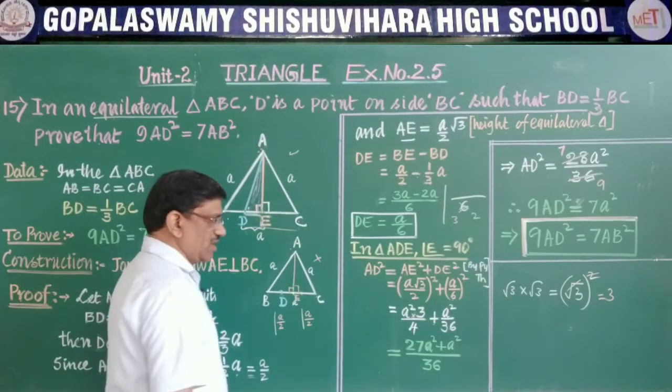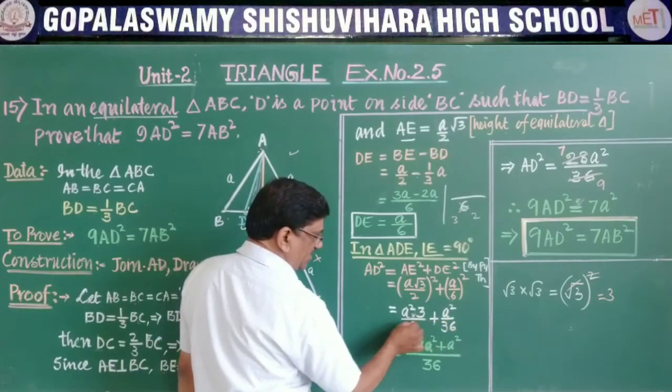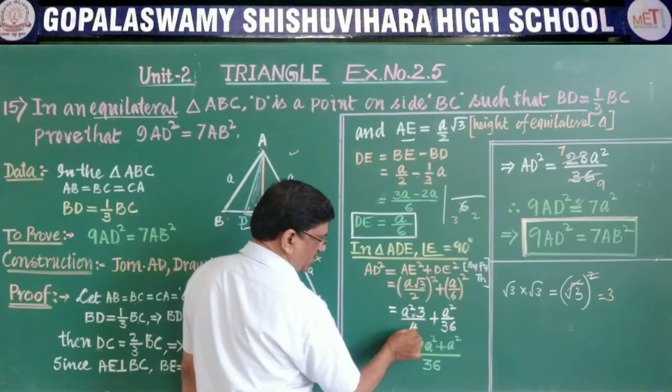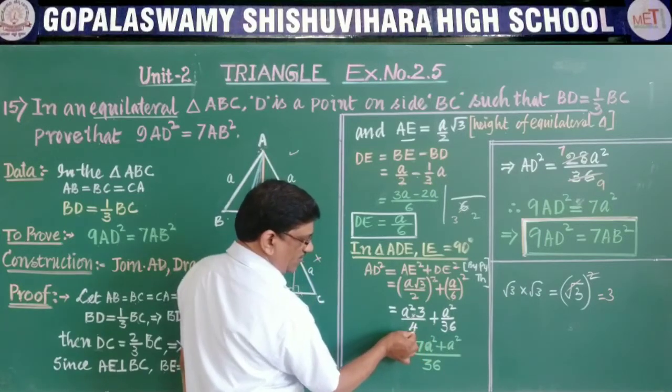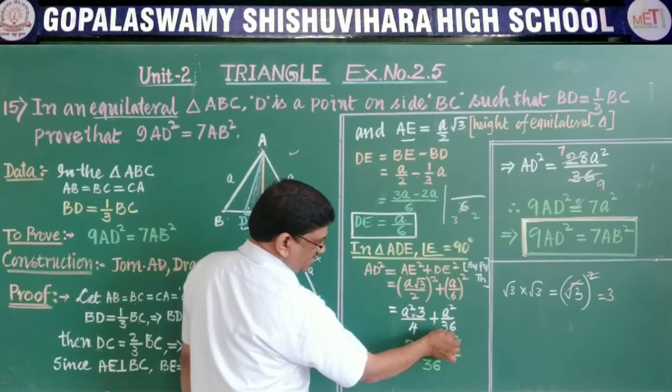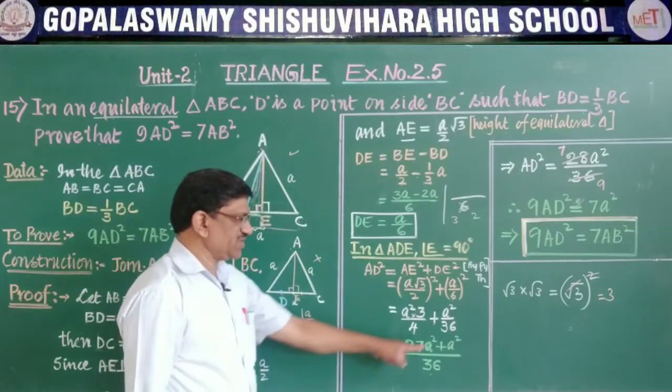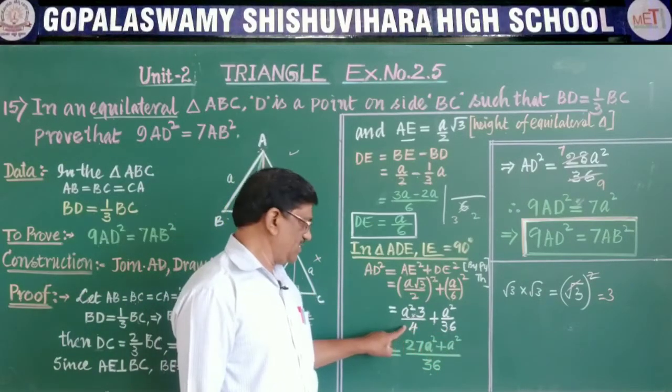Clear, children? So now once again it is nothing but addition of fractions. For that we have to take the LCM. The LCM of 4 and 36 is 36, because 36 is a multiple of 4.